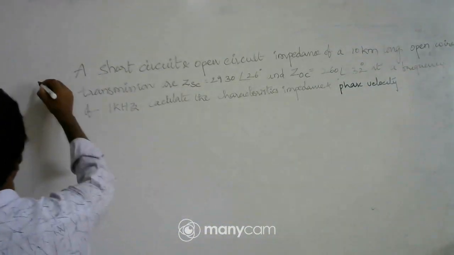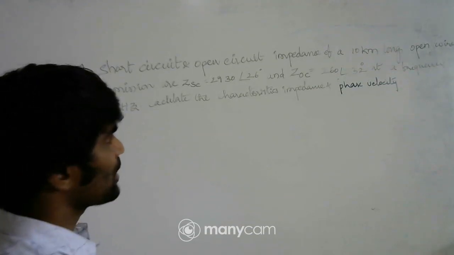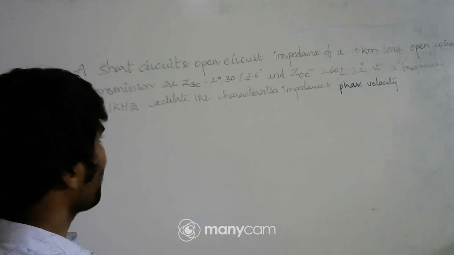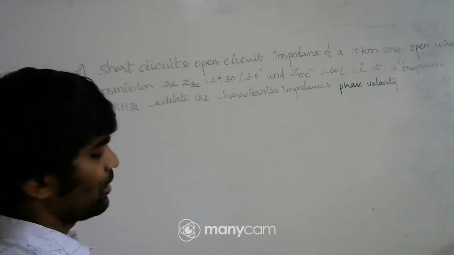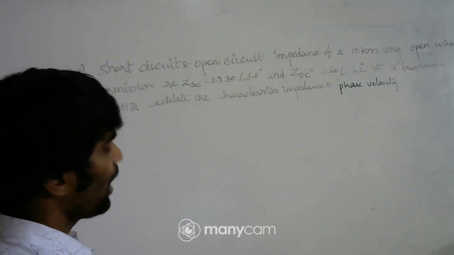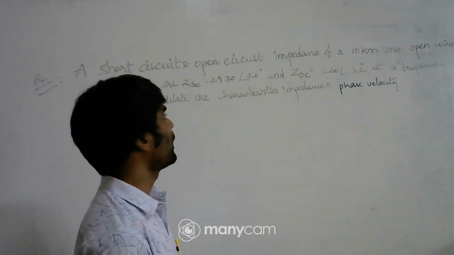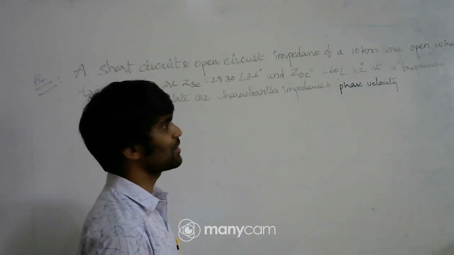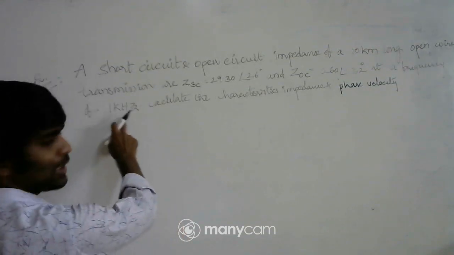Read the problem carefully first. A short circuit and open circuit impedance of a 10 kilometers long open wire transmission line: Z suffix SC, impedance at short circuit, is equal to 2930 angle 26 degrees, and impedance at open circuit is equal to 260 angle minus 32 degrees at a frequency of 1 kilohertz.